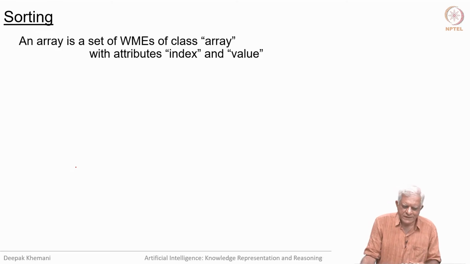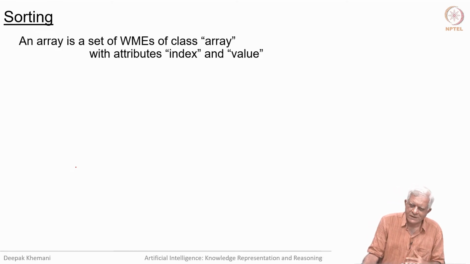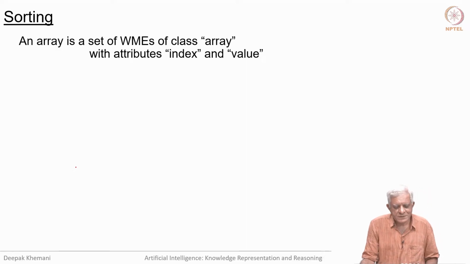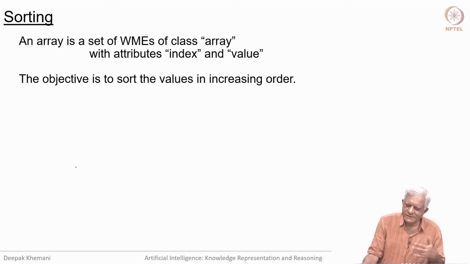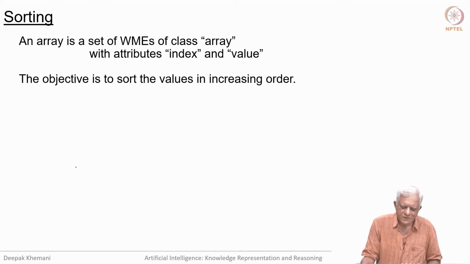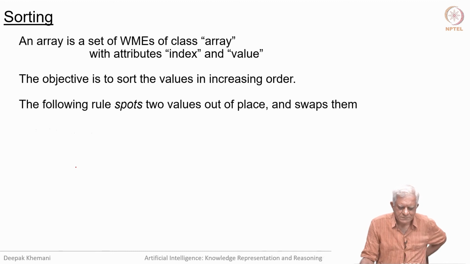Let us say we have an array, which is a set of working memory elements whose class name is array and which has got two attributes, one is the index and the other is the value. The objective is to sort the values, let us say in increasing order. So, the first index should have the smallest value, the second index should have the next smallest value and so on and so forth. So, we want them in increasing order.